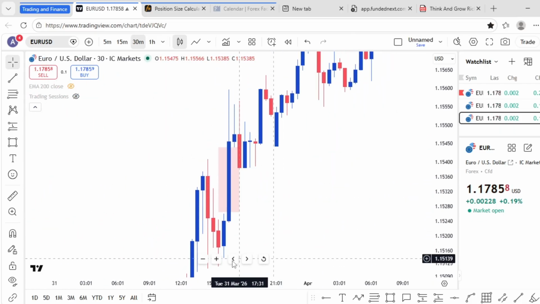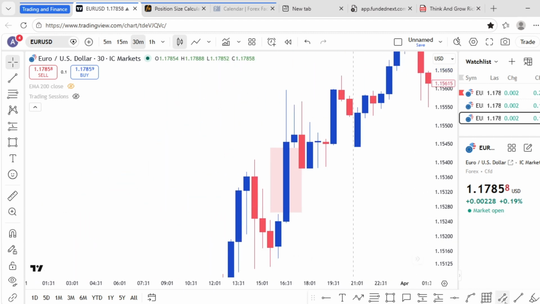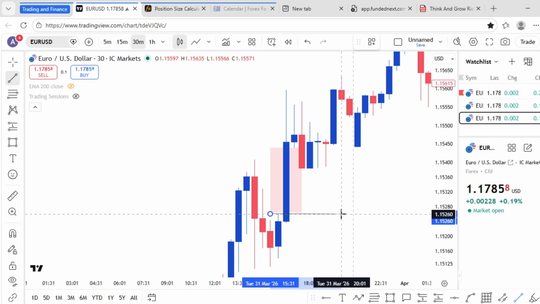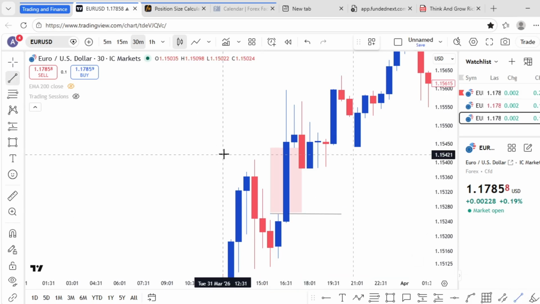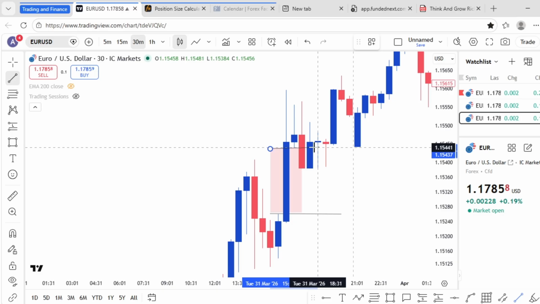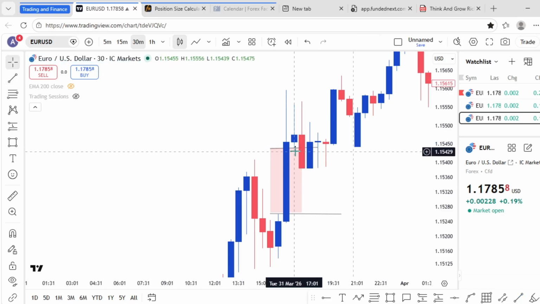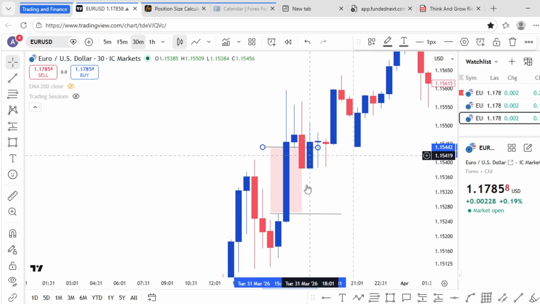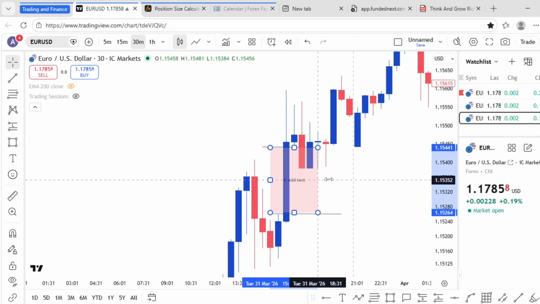And it continued like that. As you can also see from here, look at the upper wick of this first candle and the lower wick of the third candle. What happened? You can see the price left a gap that needs to be filled, and market did exactly what we expected.